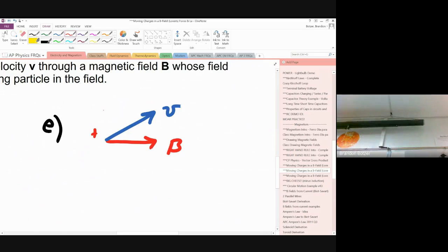You're saying just into the page? Gio? It has to be perpendicular. In order to maintain orthogonality, this force vector must be perpendicular to both.